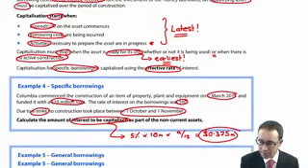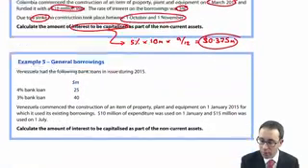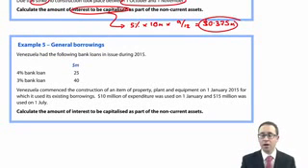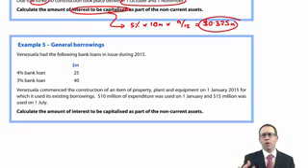Excellent. If we then move on to general borrowings, with general borrowings, all that happens there is that you have maybe a centralised treasury function that has a pool of loans. You are a subsidiary that is constructing an asset and you need to borrow some funds, so you borrow from the pool of funds in the central treasury department.